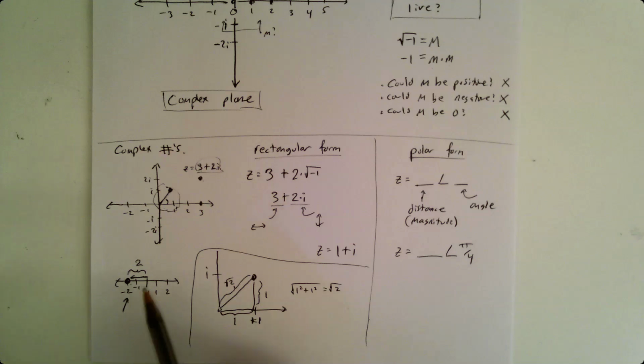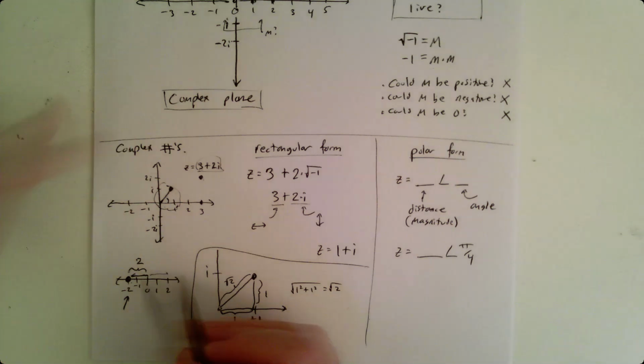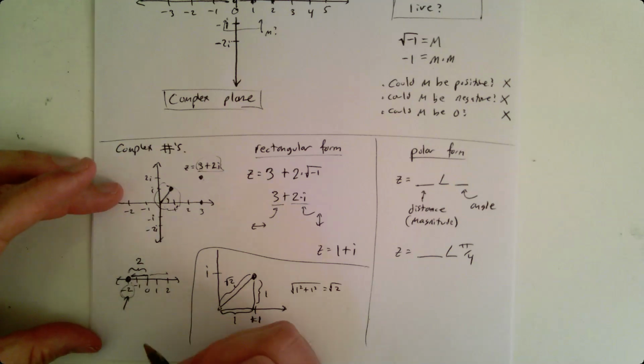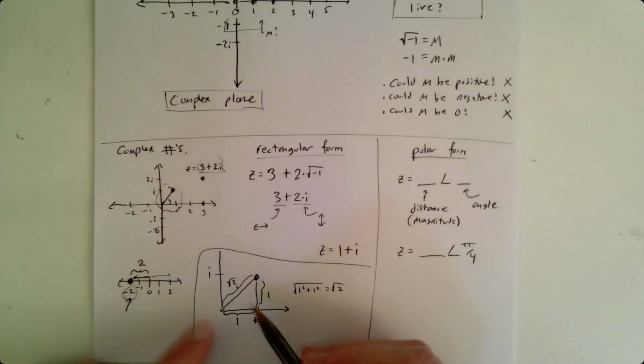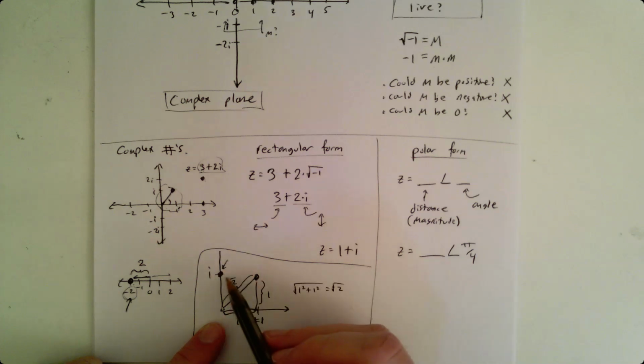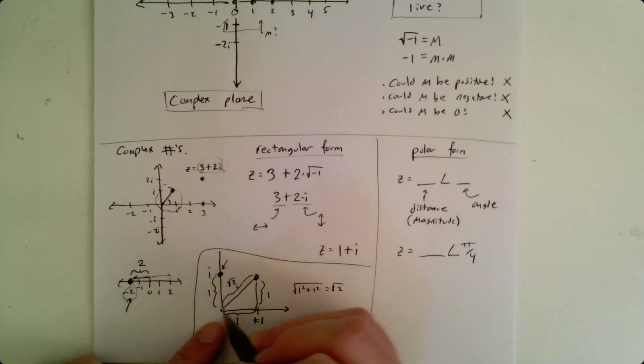So distances are always positive numbers. But here you see that a distance could be in the positive direction or in the negative direction. And if you travel the distance in the negative direction, you end up with a negative coordinate. So that's all that's happening here on the complex plane. If I put a point here and I say, what's the coordinate? You'd say, oh, that's i. If I say, what's this distance? The distance is 1.